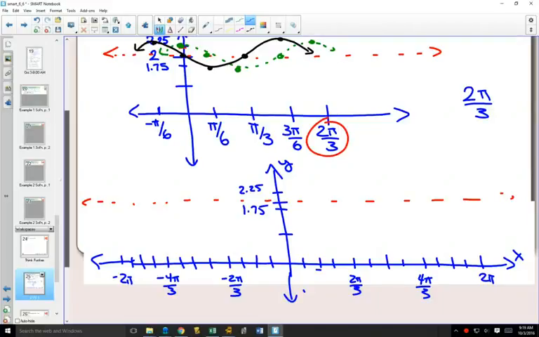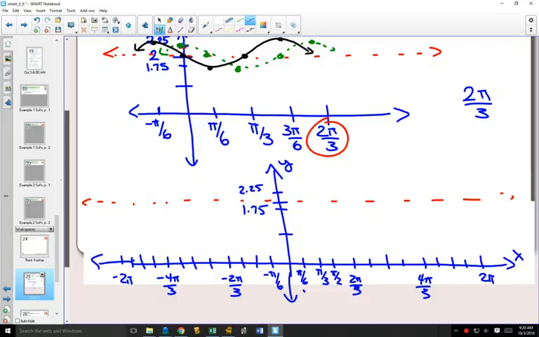And if you want to label the one section that we did before, you can. And I'm going to label this negative pi over 6 as well. So we're not going to do the green dotted one with the shift because we've already done that above. What do we know? We know where it starts.